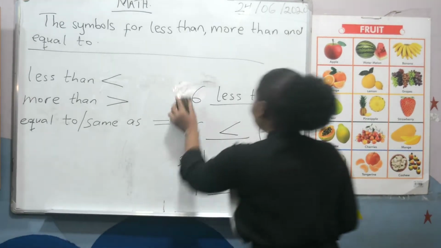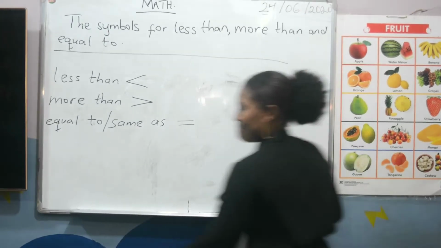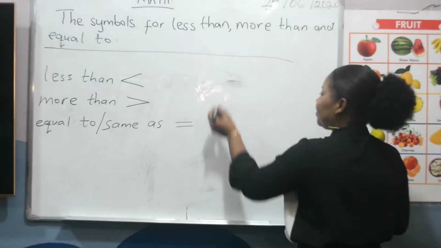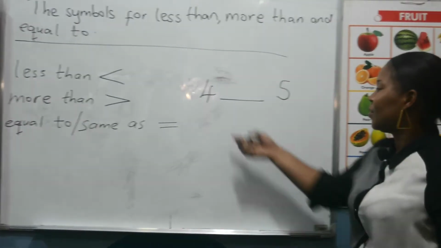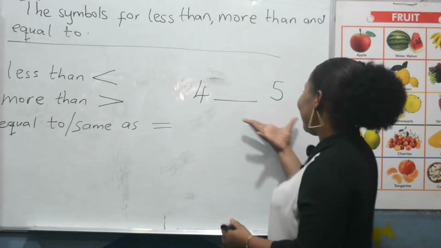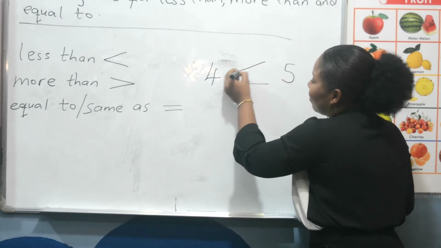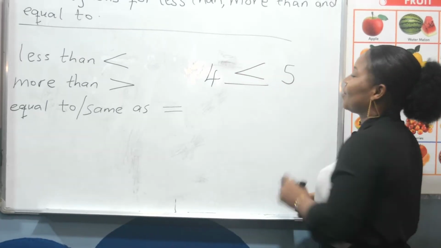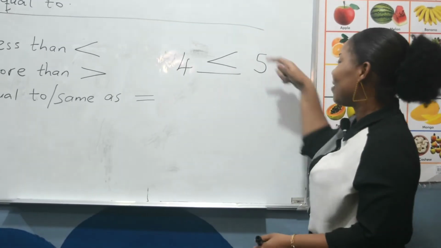Another example. 4 and 5. Which one is bigger? The 5. So the alligator is taking the bigger one, which is the 5. So it becomes what? 4 is less than 5.